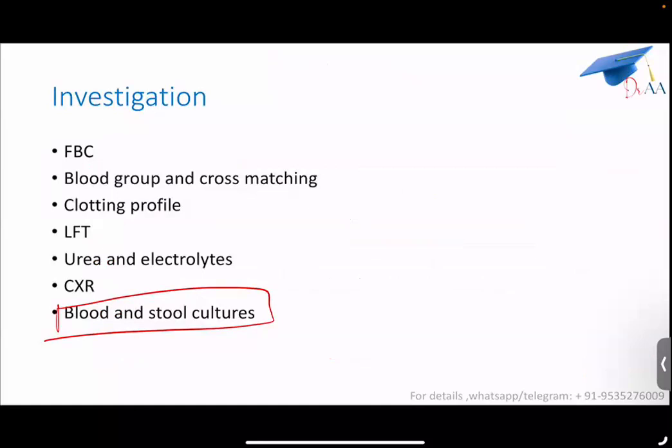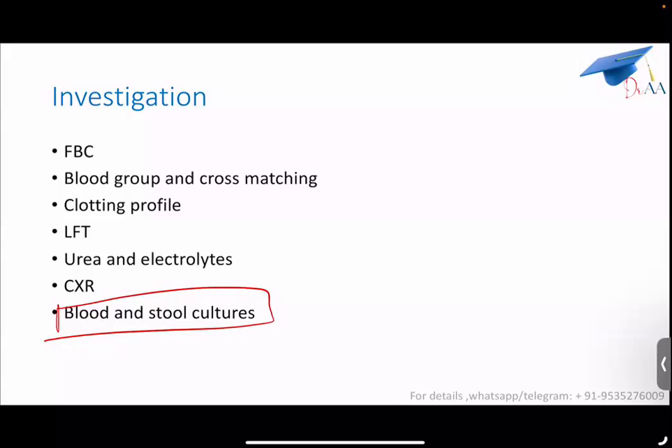In upper GIT bleeding, to differentiate between variceal and peptic ulcer bleeding, this depends on the history. Yes, it will depend on the history, because in upper GI bleed, he'll be vomiting it out. He will not be presenting with fresh blood from the rectum.